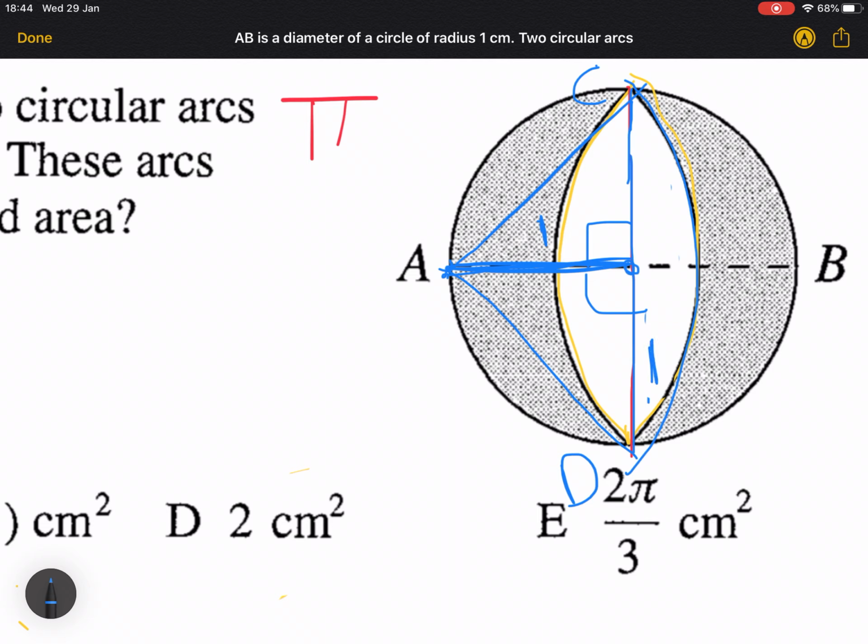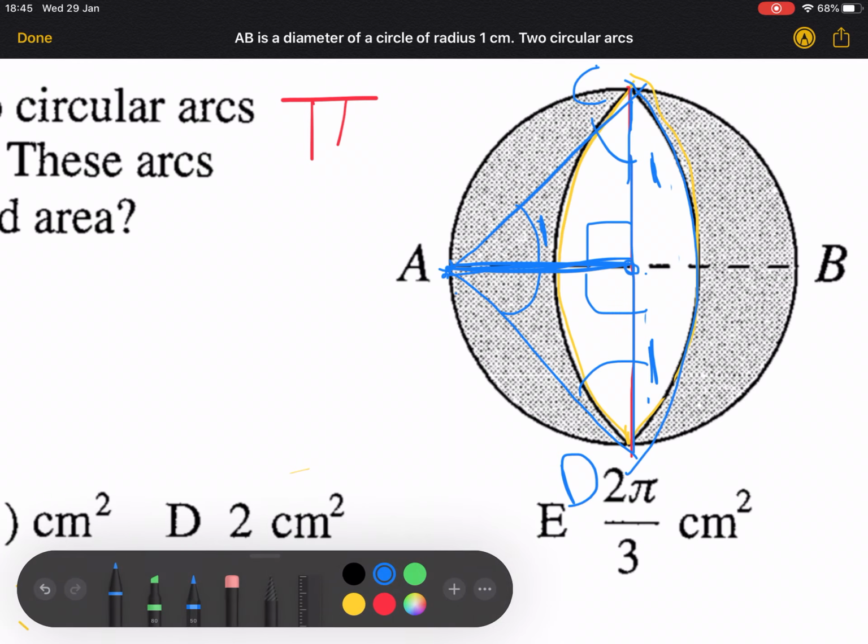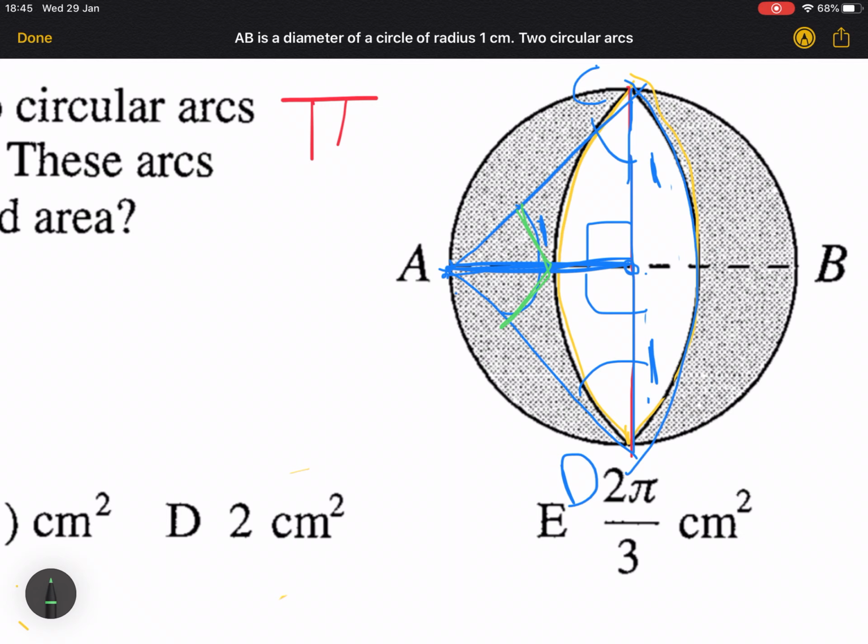So A to the centre to D is an isosceles triangle, so both angles have to be the same, so that would be 45 and 45, and the same we can say for here, 45, 45. So overall we have a 90-degree angle here. So we've proved that ACD is a 90-degree angle.